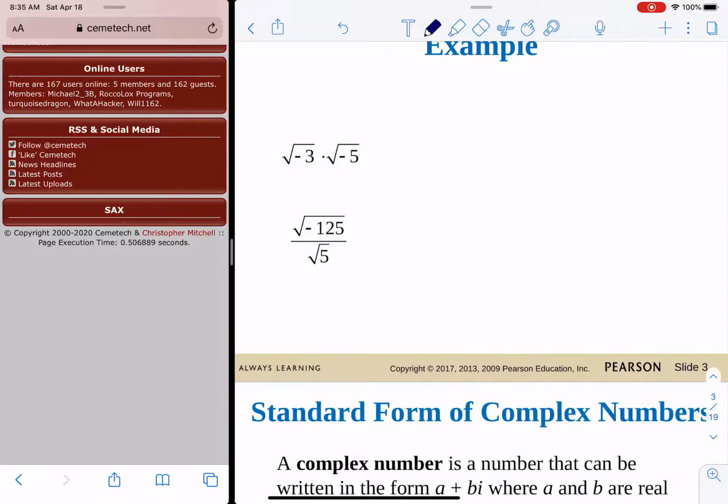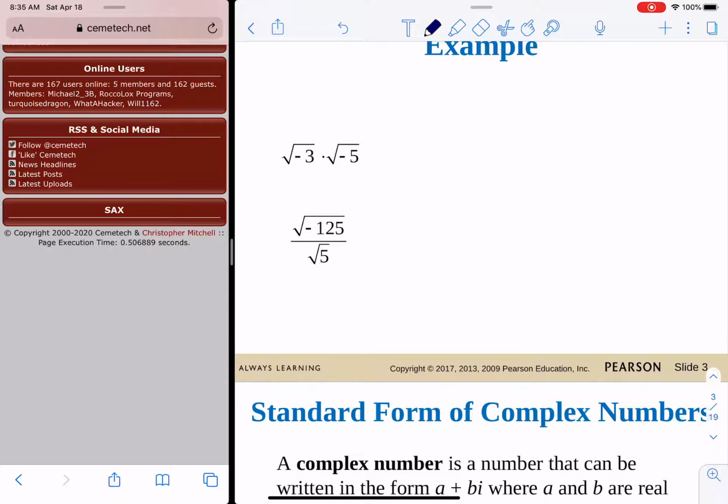Oftentimes you may encounter scenarios such as this one, and you may say, oh, I see a negative number inside a root, a negative number inside the other root, so certainly there has to be an imaginary number.